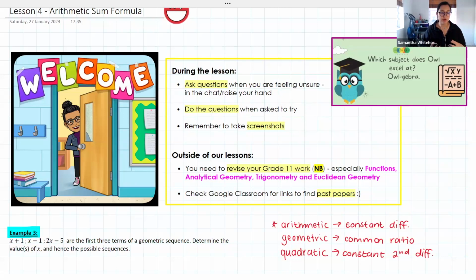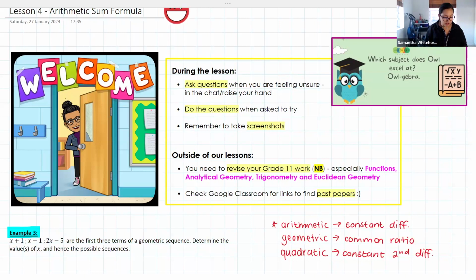So if we had an arithmetic sequence with an unknown variable, we would need to use the fact that we have a constant difference in order to solve for that unknown variable. Having that knowledge allows us to solve for the unknown.